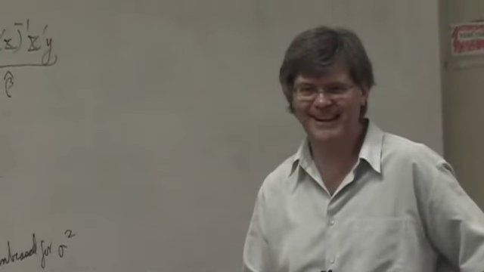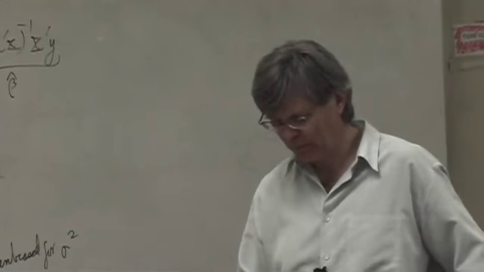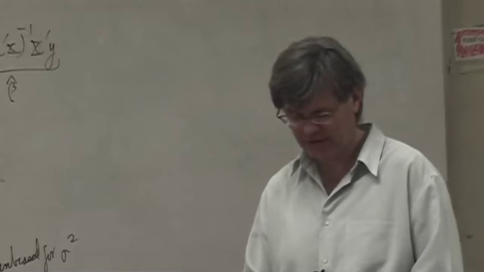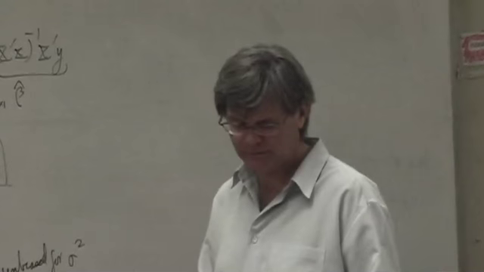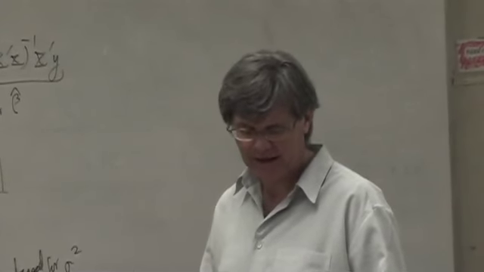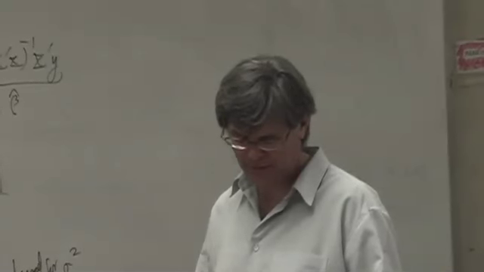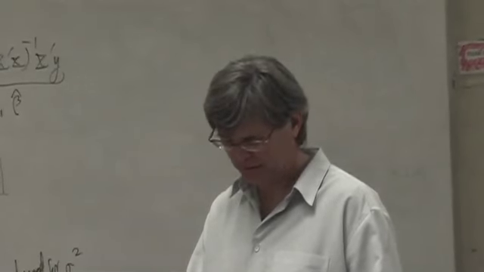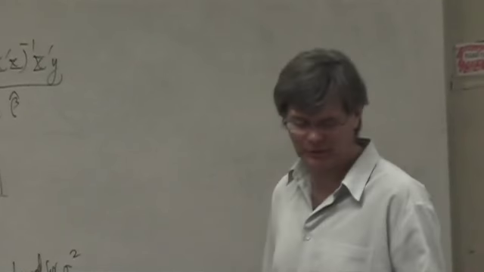In the delivery time data we had a sample of 25. In fact, here's the very next line in the notes. In the delivery time data of example 3.1, n equals 25 and p equals 3. And I do believe I divide by the correct number, 22, later in these lines on page 1 of these notes.